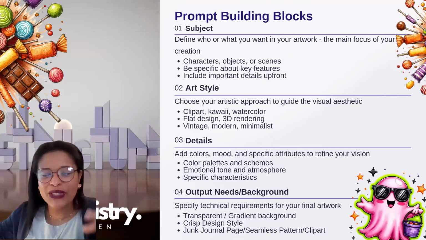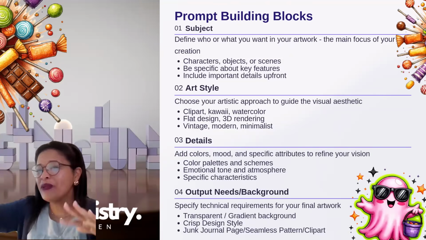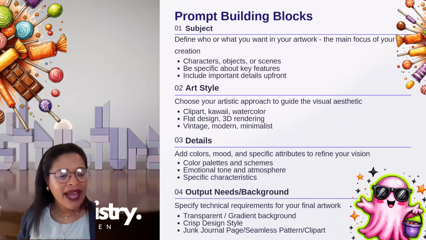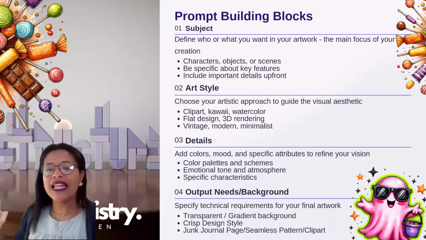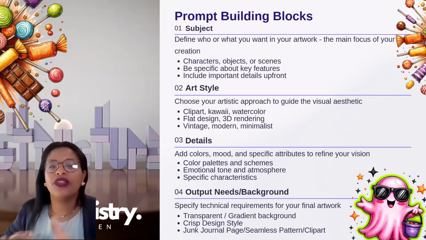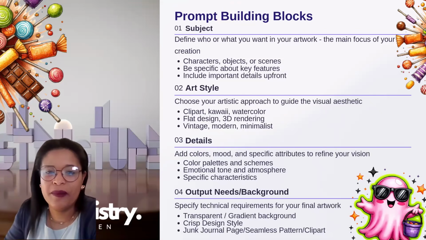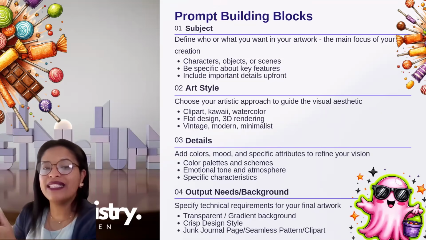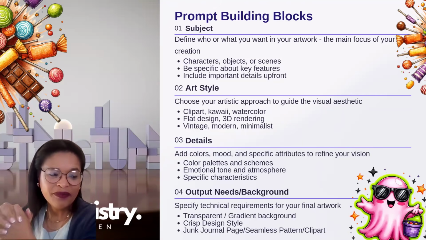You know this has happened to you guys. It will design a whole forest, a whole 3D background at the back. So say white background, clip art type of style, so that the AI knows exactly what to generate for you. These are basic things that you can work on to help you improve your prompt engineering skills, right?